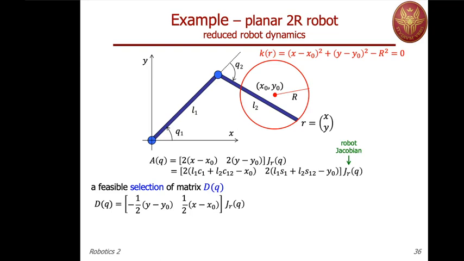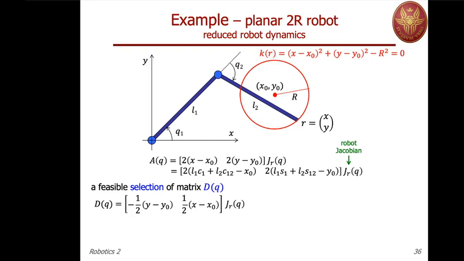So with this in mind, a very feasible choice for the second row of the A matrix, the row D(q) by which we define the pseudo velocity in terms of q dot, is the following: minus 1/2 over y minus y0, and then 1/2 over x minus x0, still multiplied by the Jacobian J_r. Why am I doing this? I explained why I would like to factor out J_r.